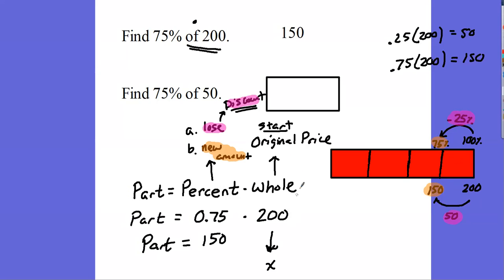So very, very tricky. If you don't know the original price, you're going to put in this variable here that you don't know it. And then the second tricky thing is that when you have those problems, you're going to have to work with this percent or the new amount percent. So what do you have left over after you take your discount?